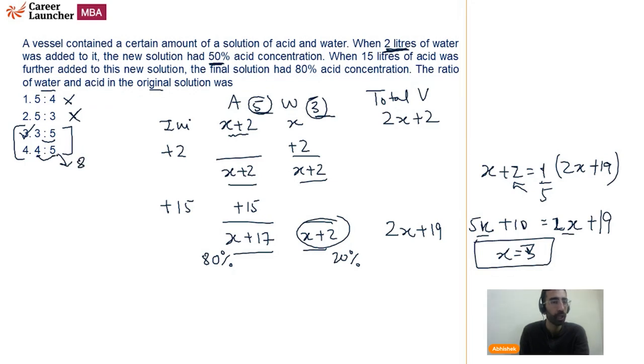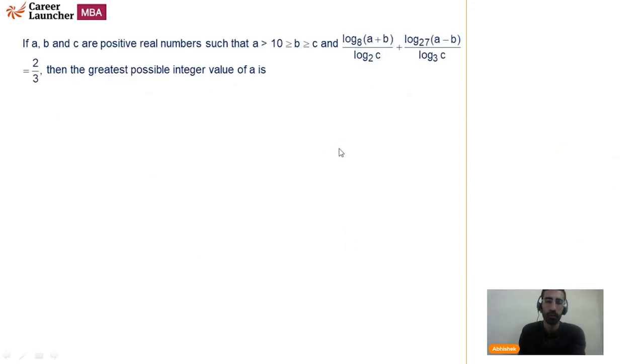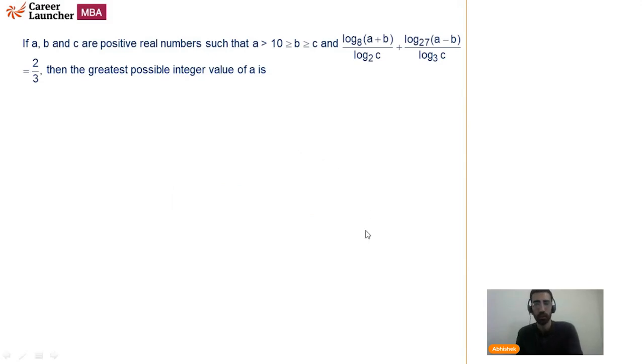So if I wanted to check this option, I would have checked with 8 and 10 liters, because that maintains the ratio 4 to 5 and also creates a difference of 2. So that's also one way you could have solved the question, or you can just make the equation as you did.